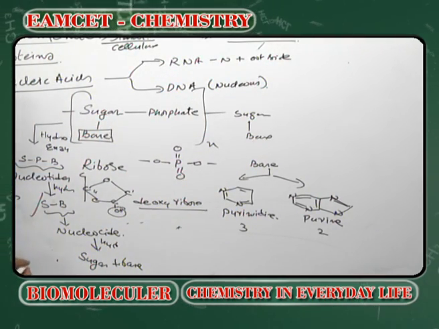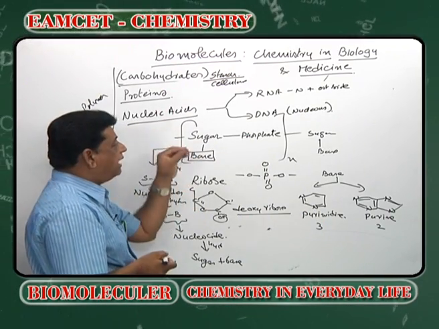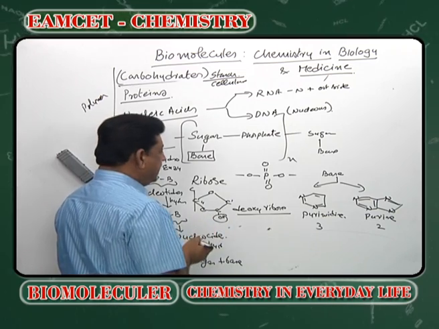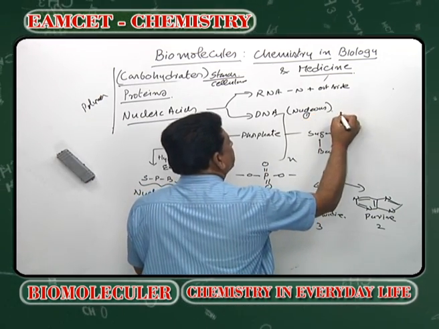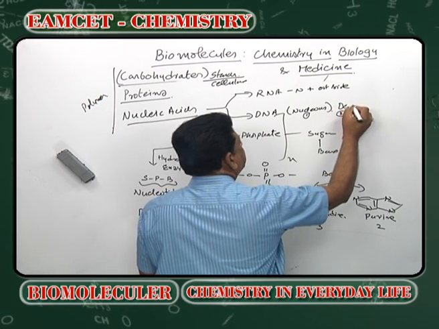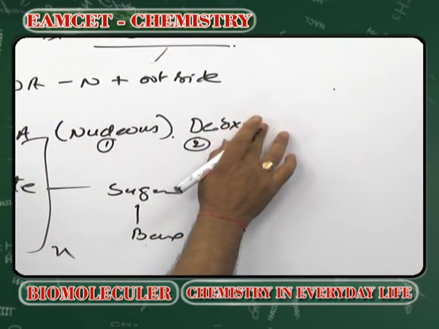So DNA will be only in the nucleus. By occurrence we have one difference. In the DNA we have a deoxyribose. This is the second difference. This will have a deoxyribose.